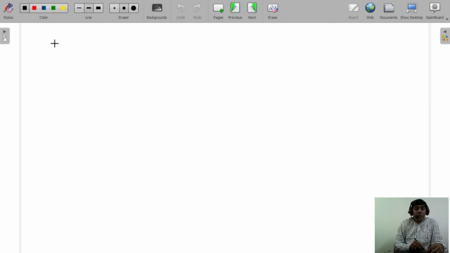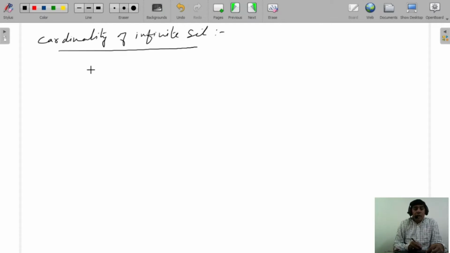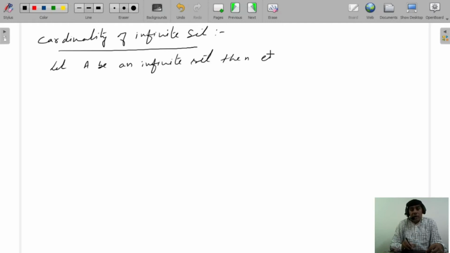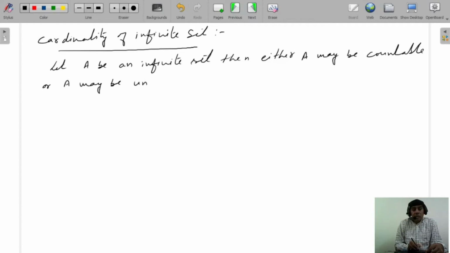Now the cardinality of an infinite set. Let A be an infinite set, then either A may be a countable set or A may be an uncountable set.